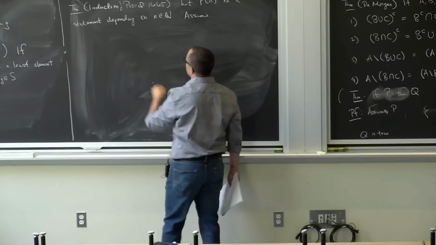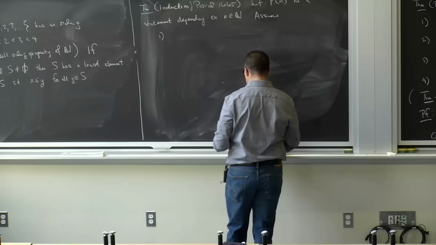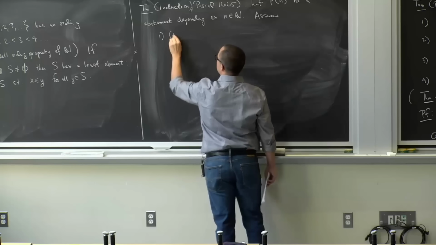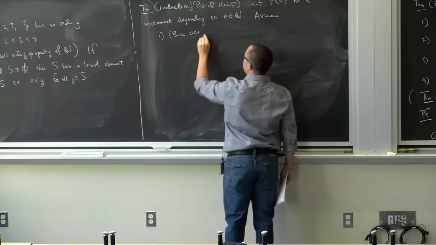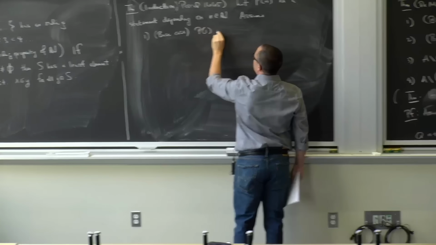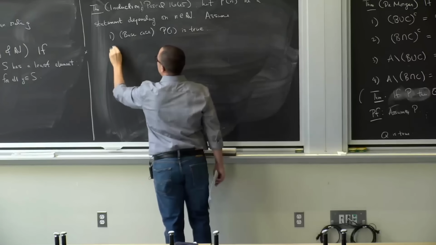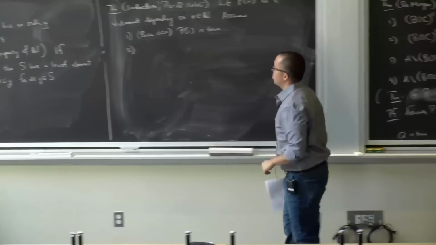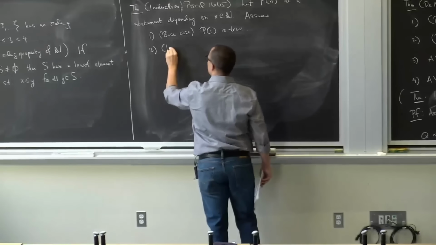What's our if? Assume that this statement satisfies two properties. The first property is usually referred to as a base case. That is, P(1) is true. And the second property is called the inductive step.